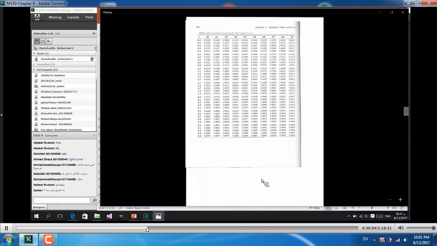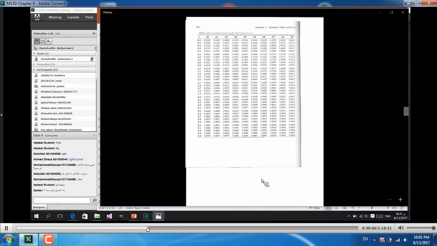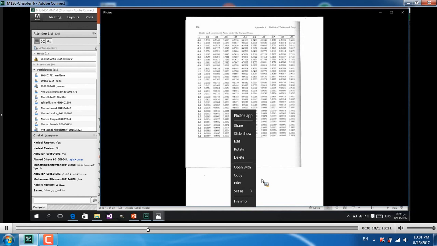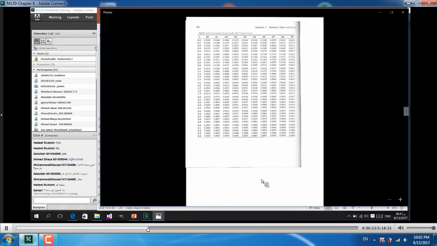Check the table here. I couldn't enlarge this one. You can see it. I'm looking for 1.74, right? In the right corner.